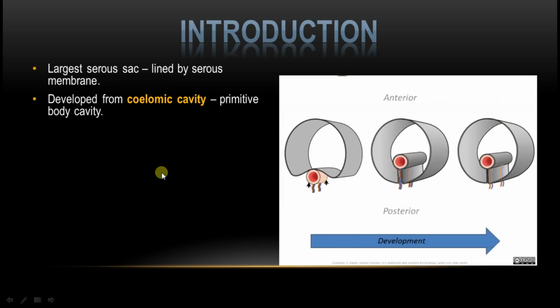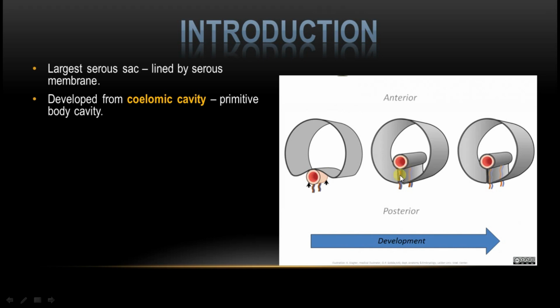So a simple representation, assuming that this is your peritoneal cavity. The organ is entering into the peritoneal cavity. As it is invaginating or pushing itself to the center, the peritoneal cavity, naturally the peritoneum is forming a covering over this organ or the viscera.